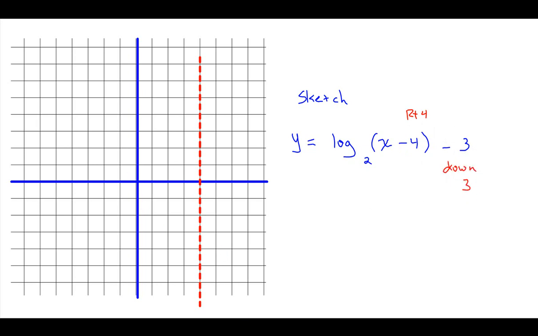So from our home point at 1, 0, we move to the right 4, 1, 2, 3, 4, and then down 3, 1, 2, 3. So here's our home point. And if the base of the log is a number bigger than 1, the graph is going to look something like this. So we just sketch this, and then this would be your log function. Pretty easy.